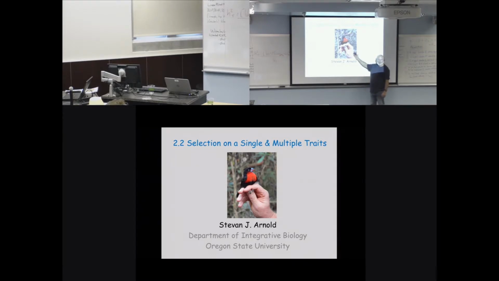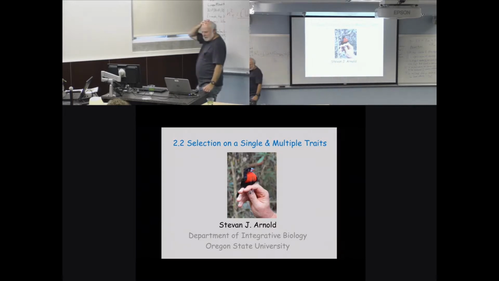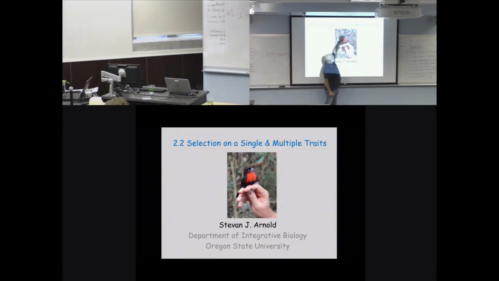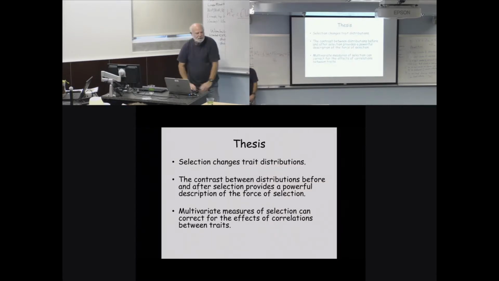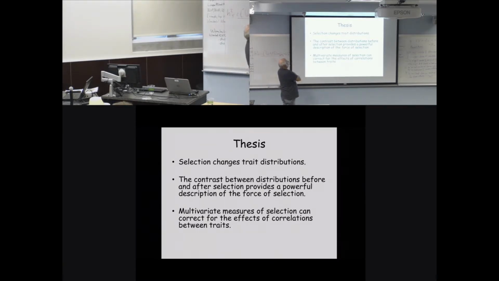But for every failure like that, there are successes like Tom Smith, who studied, not this species, but other finches. This is a beautiful bird, and you can still see a very important character, the beak depth, which has been much studied in Galapagos finches. We're actually going to talk about it later. At any rate, there's a lot of interesting field work that has put these measures of selection to good effect.